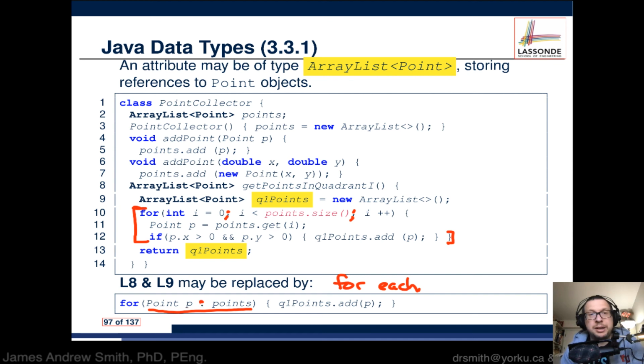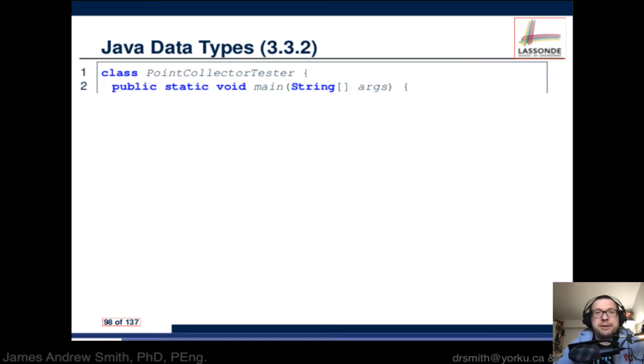We have a colon right here, and we're going to iterate through all of the components of points. Every time we do it, we're going to update a variable called P. That variable P of type point, every time there's a new one, will be added to Q1 points. That's a for each loop. It's used very commonly in Java.